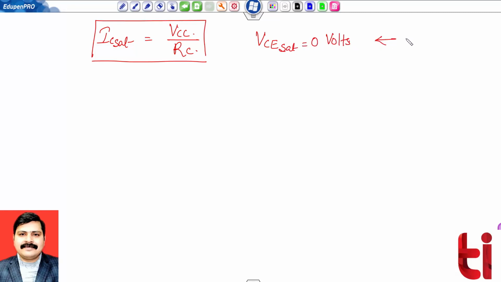0 volts for the ideal case. However, in the practical case for a silicon transistor, VCE sat equals 0.2 volts.